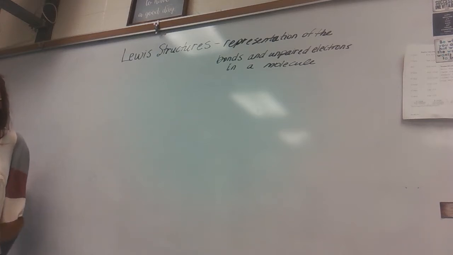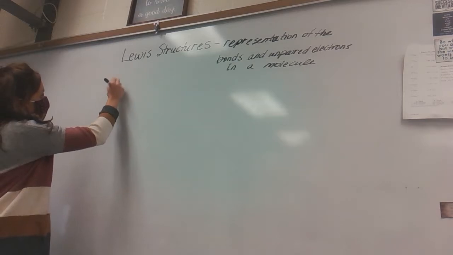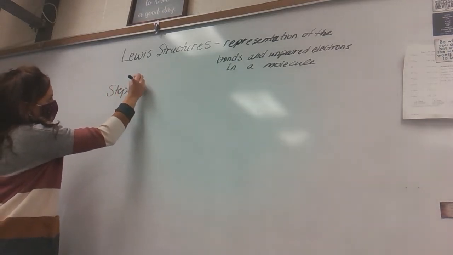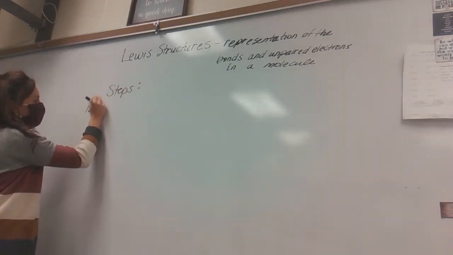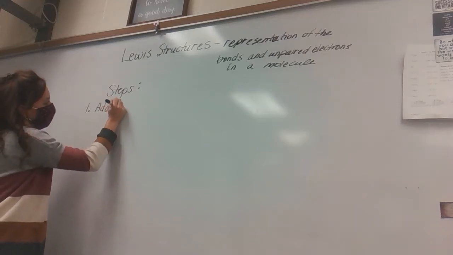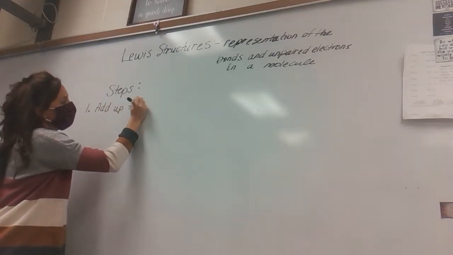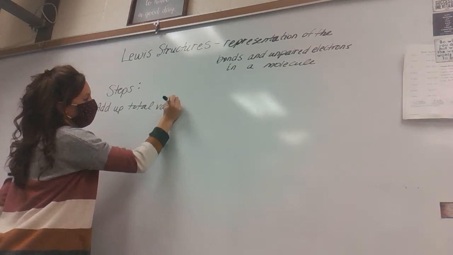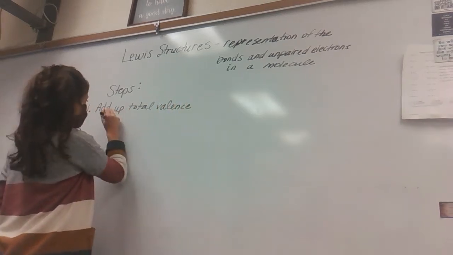Step 1 to drawing a Lewis structure is to add up the total valence electrons.